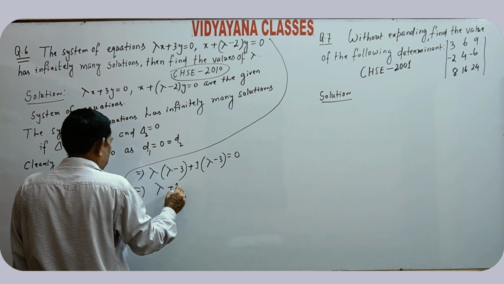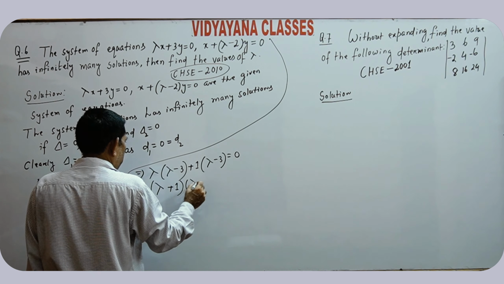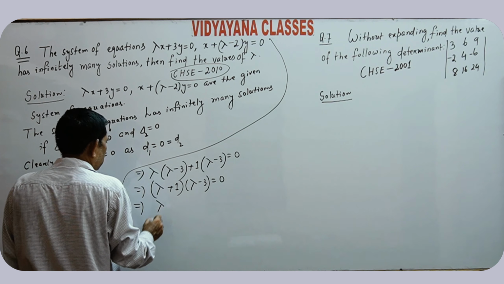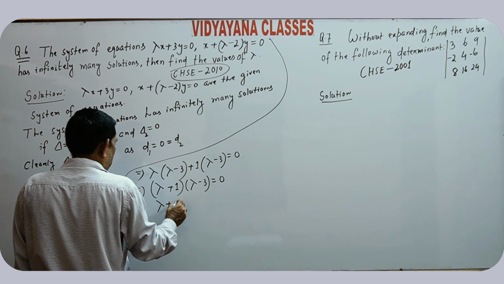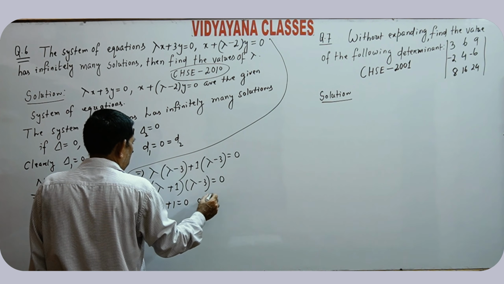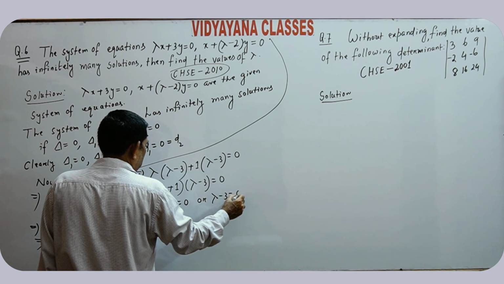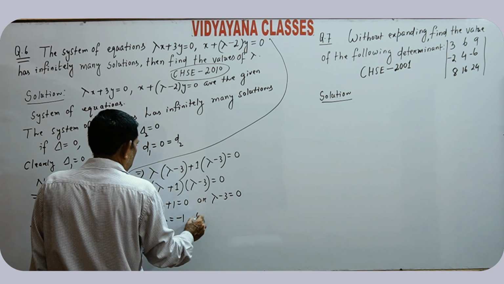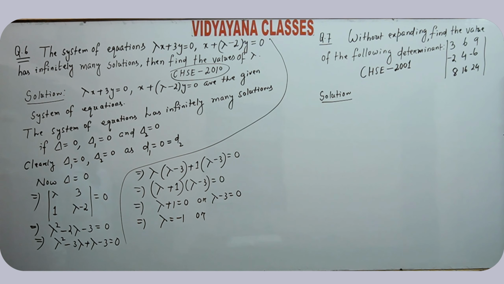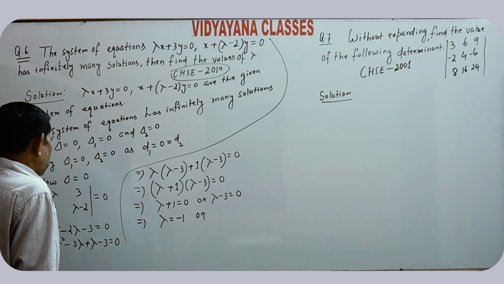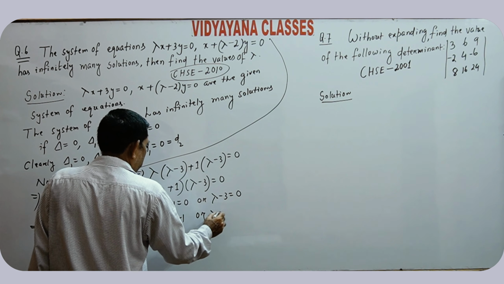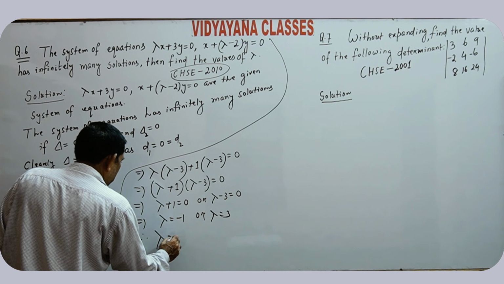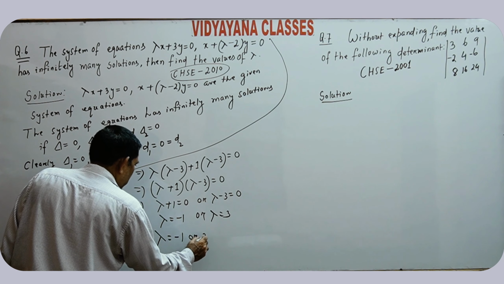Lambda plus 1 into lambda minus 3 is equal to 0. That implies lambda plus 1 is equal to 0 or lambda minus 3 is equal to 0. That implies lambda is equal to minus 1 or lambda is equal to 3. Therefore, lambda is equal to minus 1 or 3.